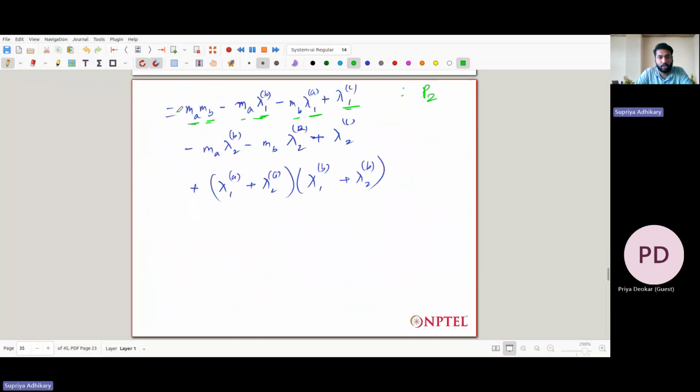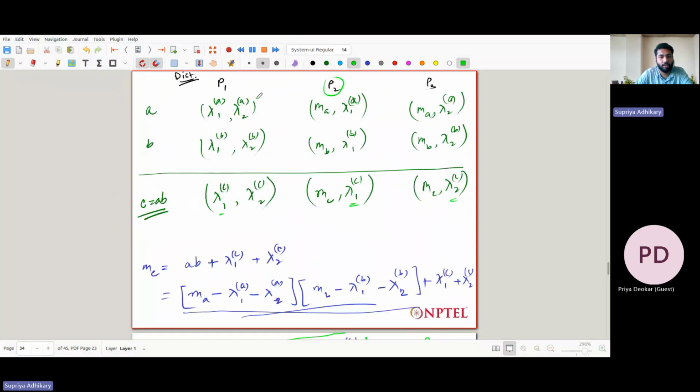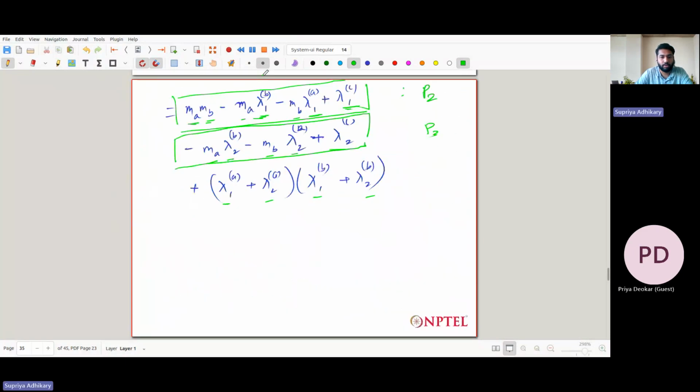So P2 can locally compute this value. Similarly, these values are available with P3, so P3 can locally compute these values. And since all these lambda values are with P1, P1 can locally compute these values.